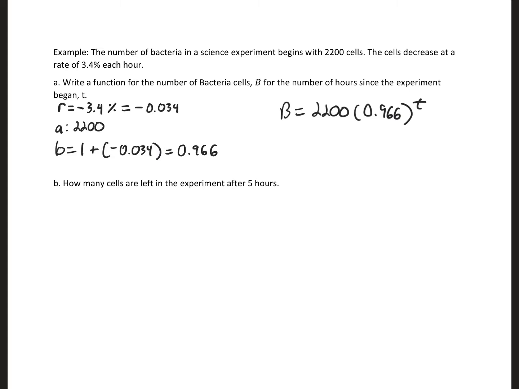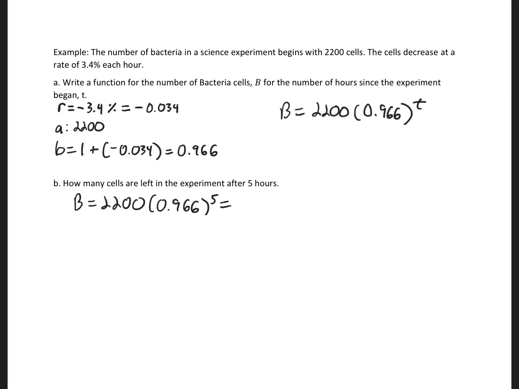So if we now want to know how many cells are left 5 hours into the experiment, C will equal 2,200 times 0.966 to the 5th power. And again, be careful with your order of operations here, making sure we do exponents first.